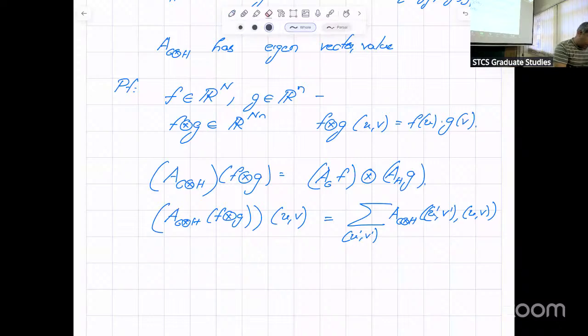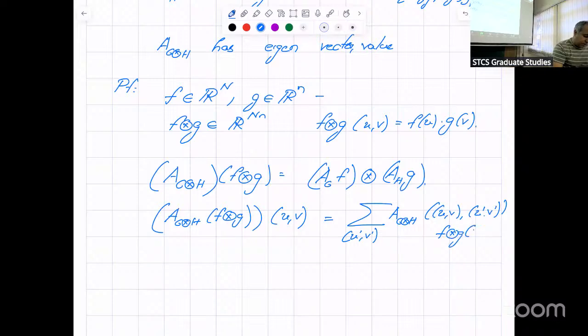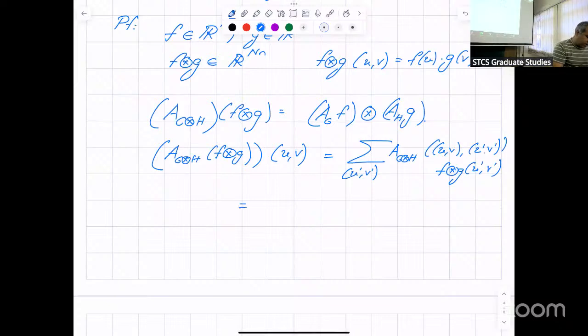This is just calculation. This one we saw was exactly A_G(U, U prime) times A_H(V, V prime), and this is F(U prime) times G(V prime).